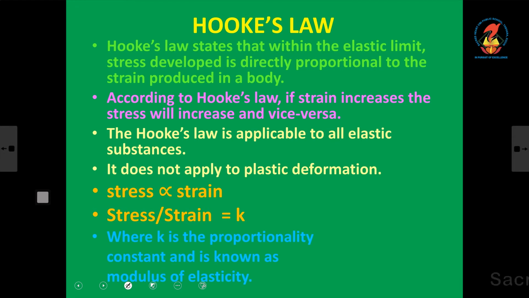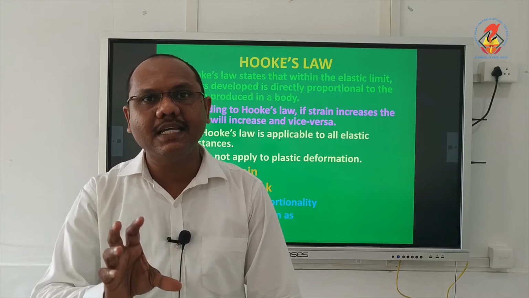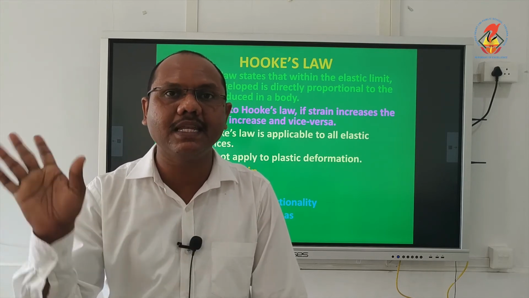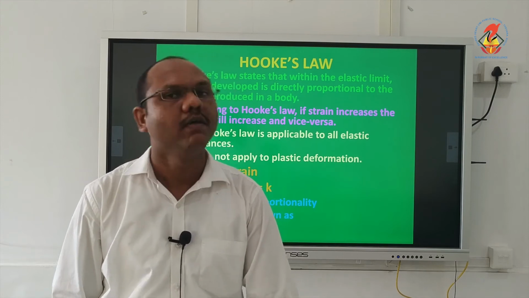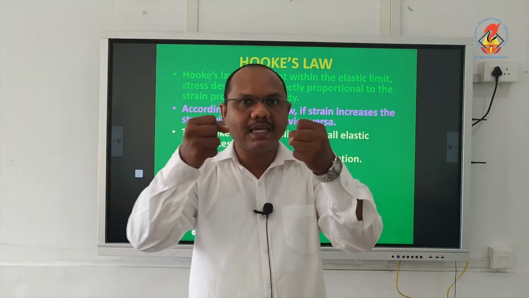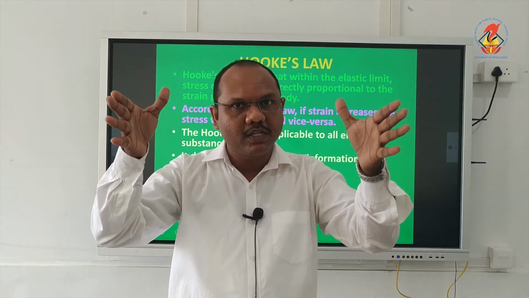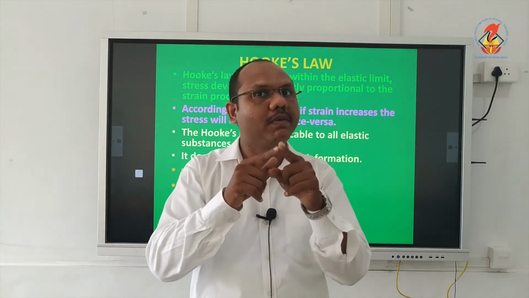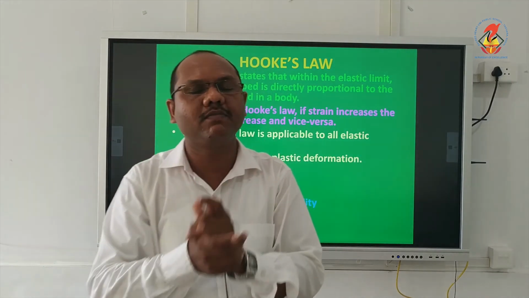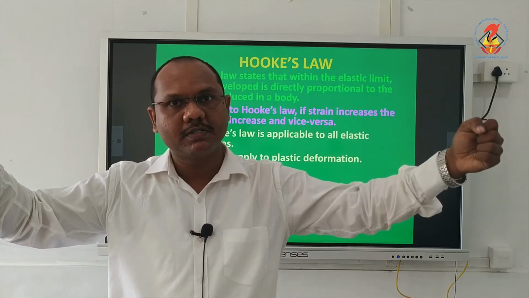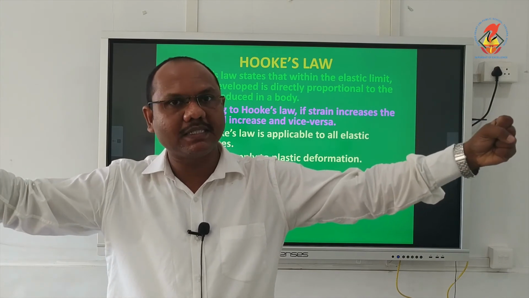Elastic limit means the extent up to which the body shows its elastic nature. For example, you take a spring and stretch the spring. Release the hand. It will come back to the original position because it is elastic. You stretch it more to a maximum extent.